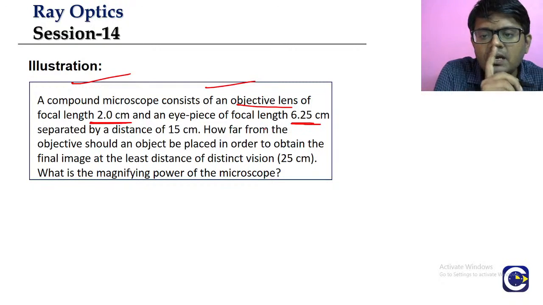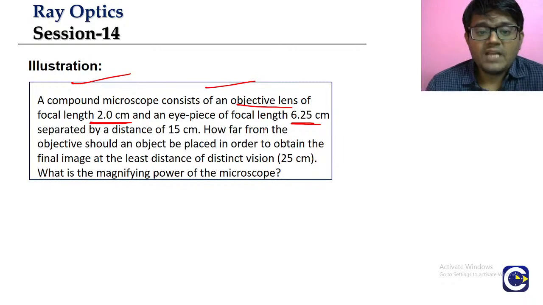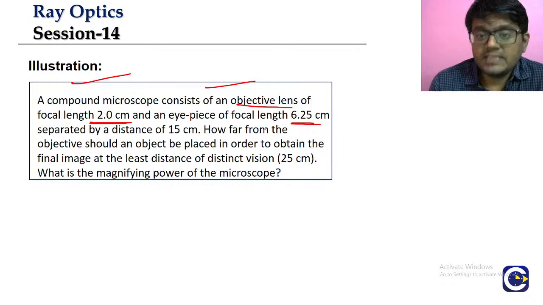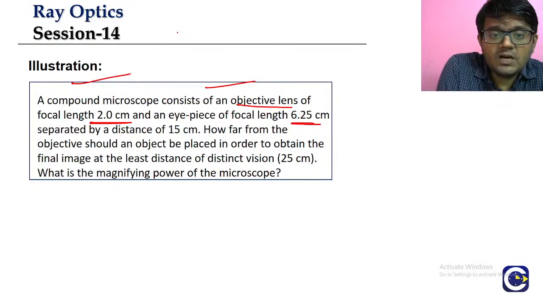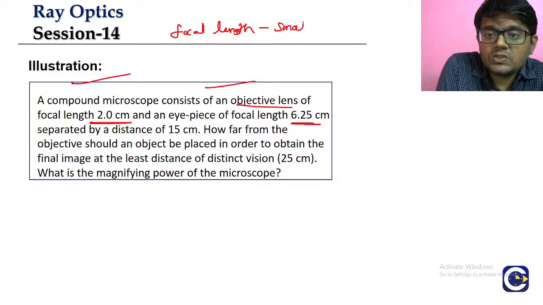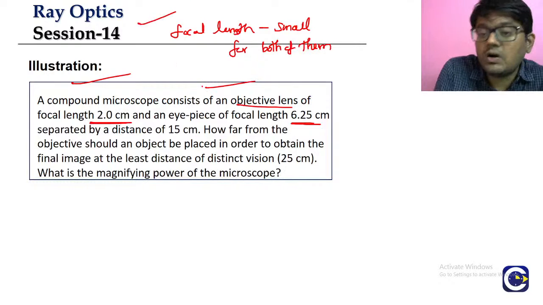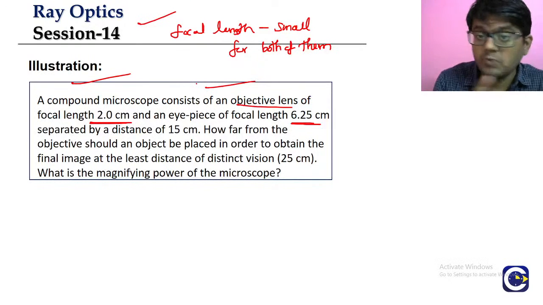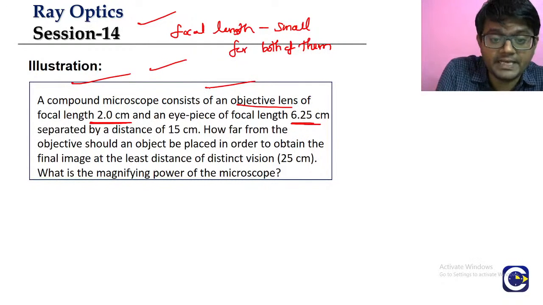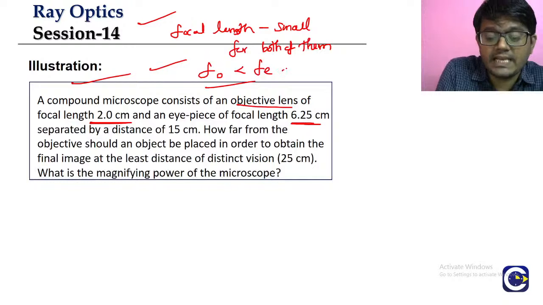See here, I want you to observe one thing. Generally, in case of the compound microscope, focal length value will be small for both of them, but in between them, the objective will have a lesser focal length than the eyepiece.